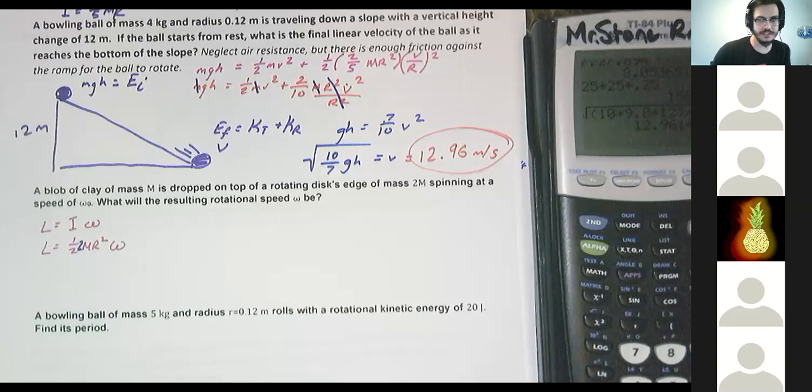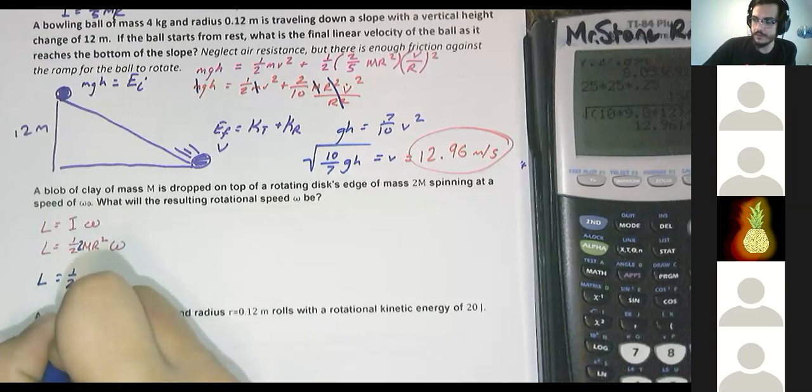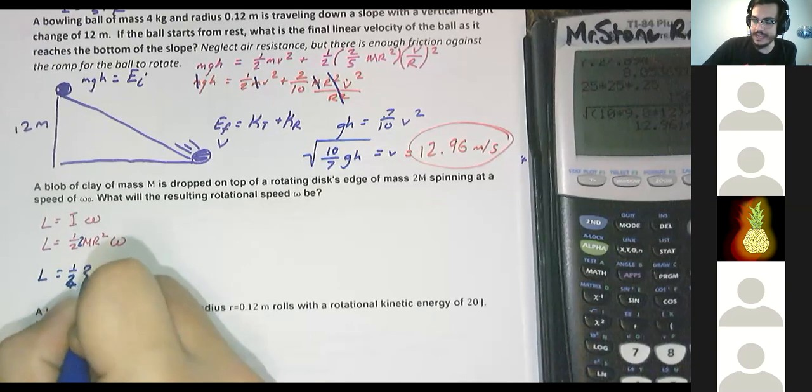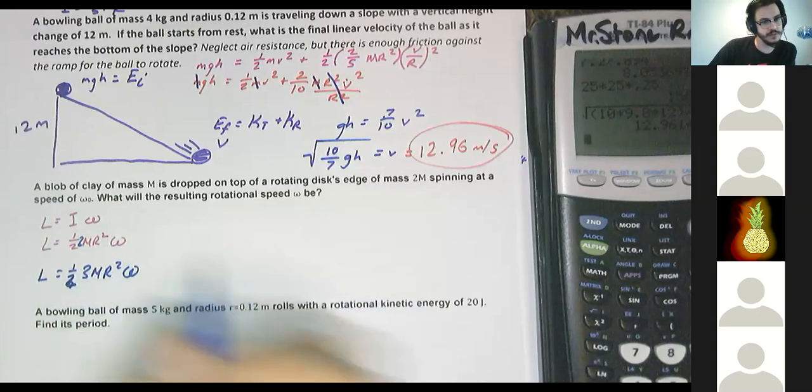So it shouldn't not be a disc, right? We should still have 1/2 mr squared. It's going to be a disk with more mass. So it's going to be 1/2 3m r squared, and then some new omega.